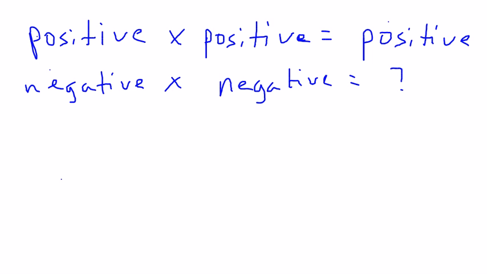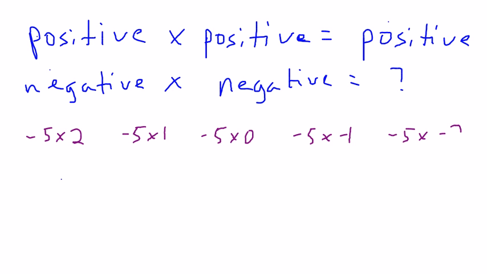Well, let's look at this very simple example and see if you can recognize a pattern. Okay, let's say we're multiplying negative 5 times 2, negative 5 times 1, negative 5 times 0, negative 5 times negative 1, and negative 5 times negative 2.